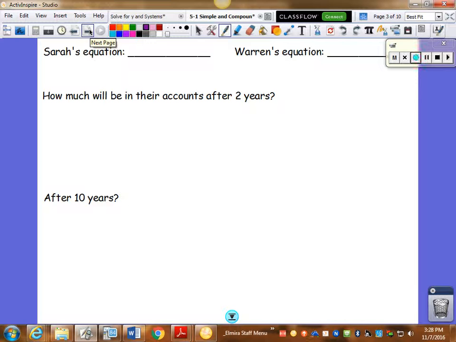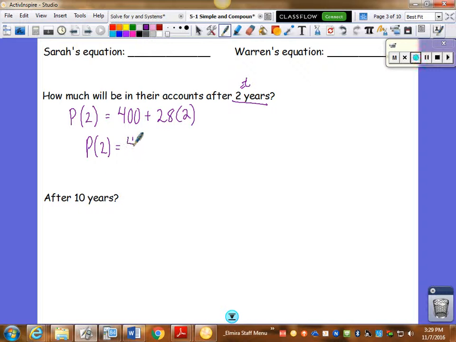Okay, how much will be in their accounts after 2 years? Well, 2 years is a unit of time, so I'm going to take these formulas and sub in 2. So 400 plus 28 times 2 is $456.